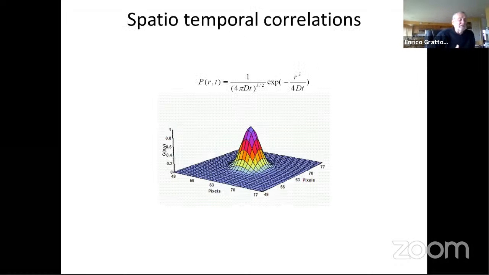So let us see what is the basic idea in using the spatial-temporal correlation, where space and time are together. In the spatial-temporal correlation, we assume, as the basis of the equations, that given a probability to find the particle as a function of time, that probability will change as a function of time by two factors.